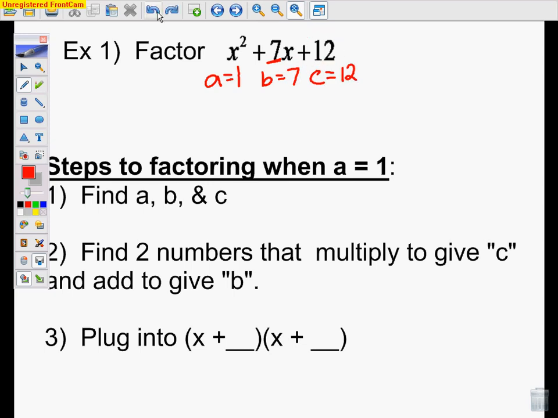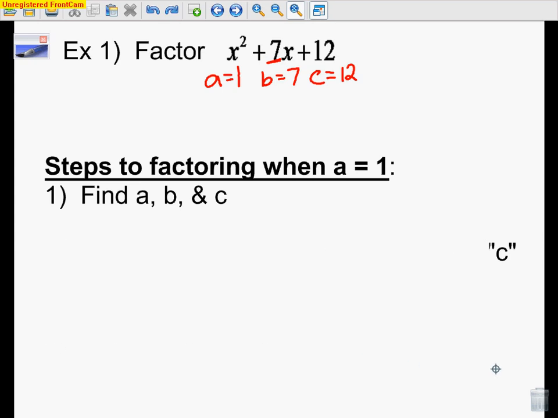Before we go any further, let me just divert from the steps for a second. Let's say, hypothetically speaking, that you get an expression such as x squared plus 5, and I tell you to find a, b, and c. Now, you have to be careful with this. Here, once again, a is the number in front of x squared. It's the coefficient on the x squared.